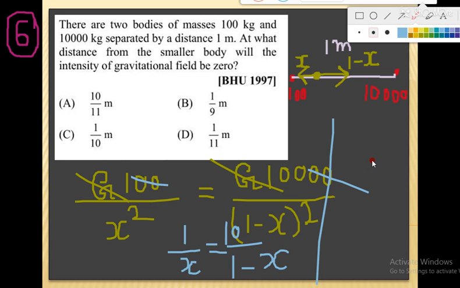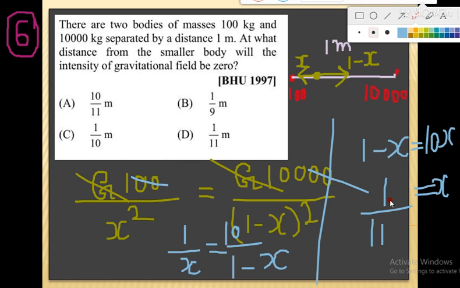So यहाँ पे करते हैं 1 minus x will be equal to 10x. x will be equal to, 11x will be on the right side. So x will be equal to 1 by 11 meter.